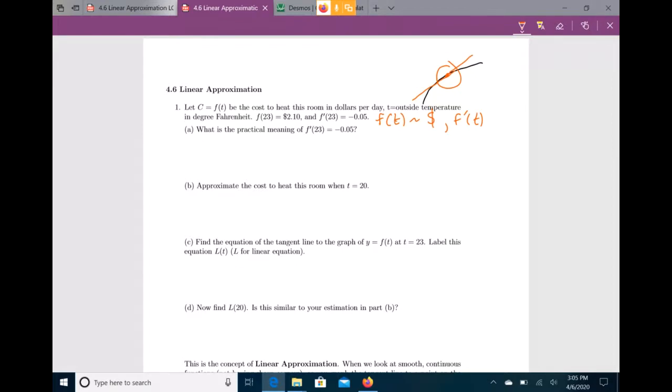So the function itself measures dollars, but the independent variable measures temperature. So this will be sort of change in dollars per temperature, or degree Fahrenheit. Okay.